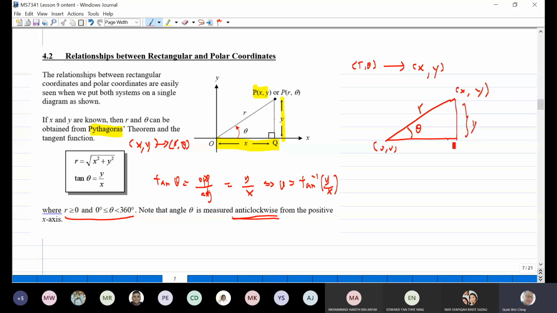So y is this one, x is this one, right? So we can find using cosine theta first. Cosine theta is what? Adjacent over hypotenuse. Adjacent is x, hypotenuse is r. So from here, we get x equals r cosine theta.